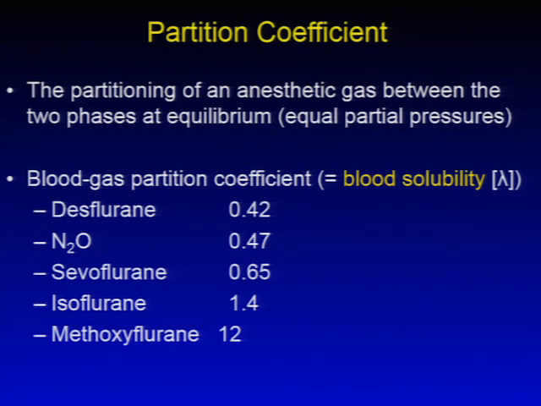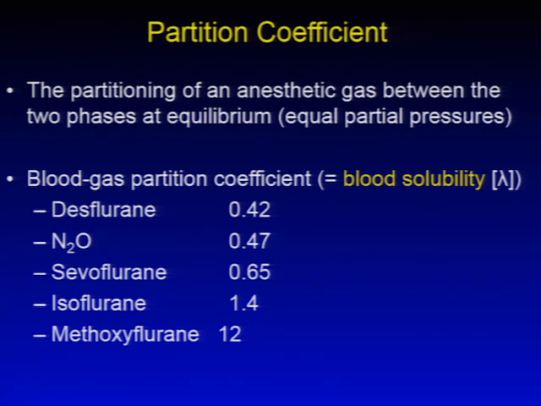This is the partitioning of the anesthetic gas between two phases at equilibrium, in this case the alveolar space and blood. So we use the term blood gas partition coefficient quite often. That reflects the blood solubility. The higher the blood gas partition coefficient, the higher the blood solubility of the gas.